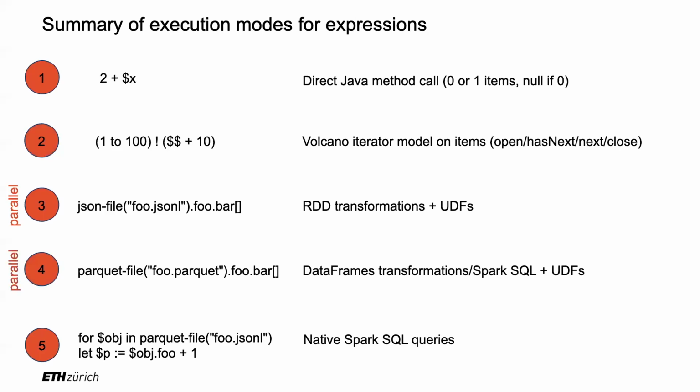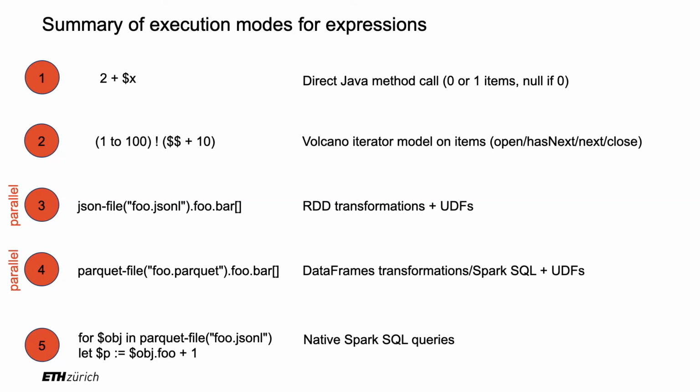It's just the same. And coming back to the expression, so that's something I already showed you, it can be executed, the first ones, very efficiently directly on your laptop. And if you start having JSON file, Parquet file, and so on, it automatically switches to Spark RDD, Spark data frames. In some cases, like the last one, it's even able to generate native Spark SQL queries, which is even faster.